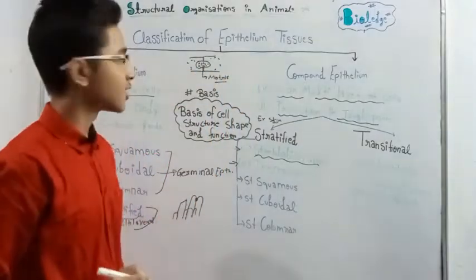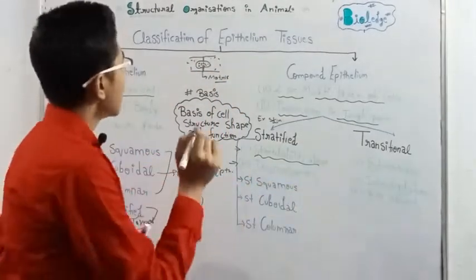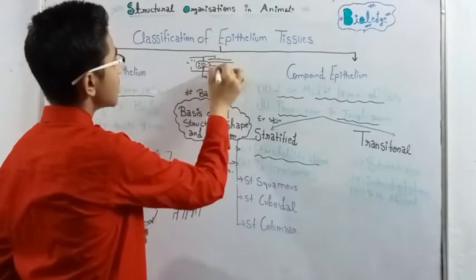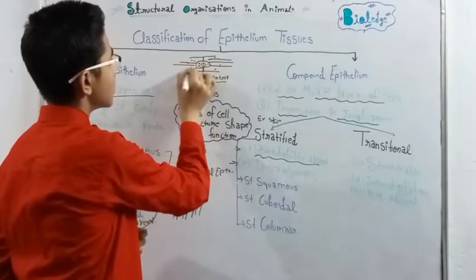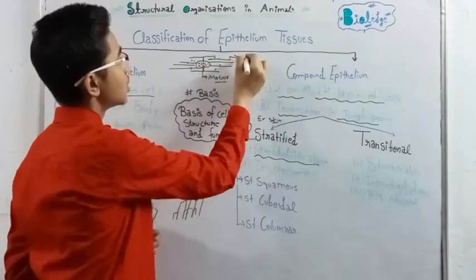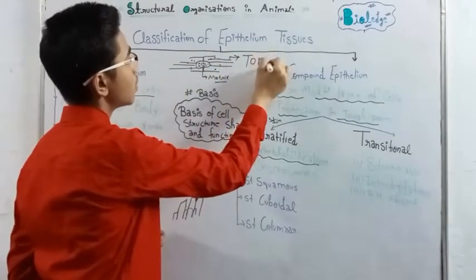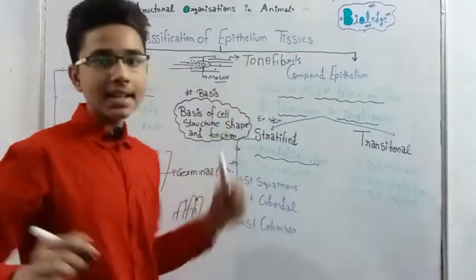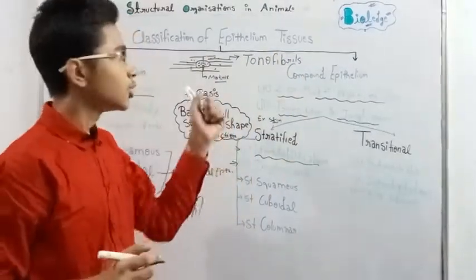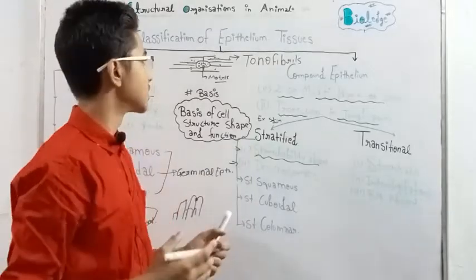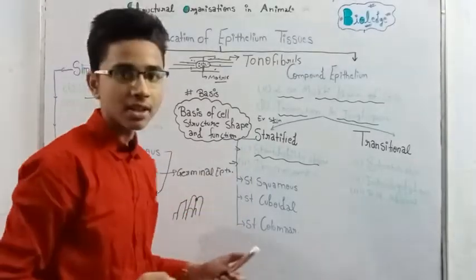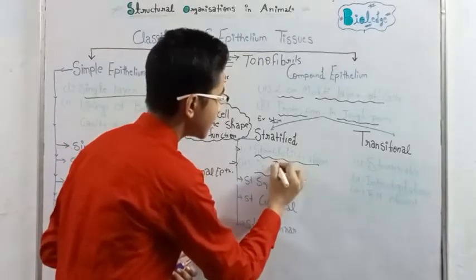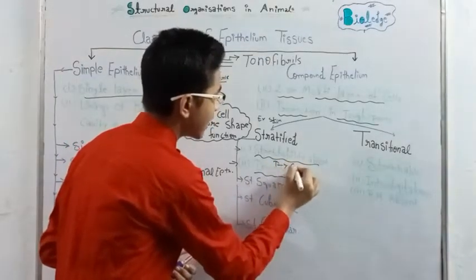This matrix is actually a cementing material. Another thing is that there are tonofibrils. They attach on the endings of the cells to give mechanical support to the cell. So this is something called a desmosome, that is the gap junction. We can write here: this is gap junction.